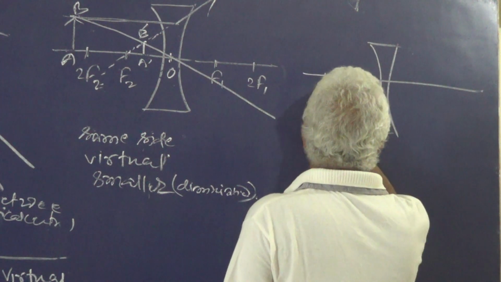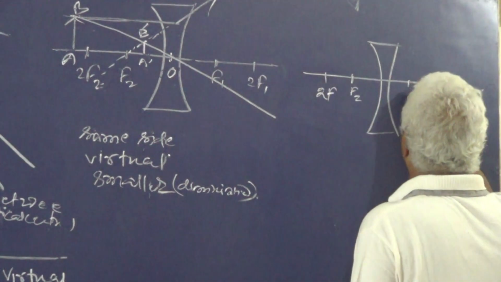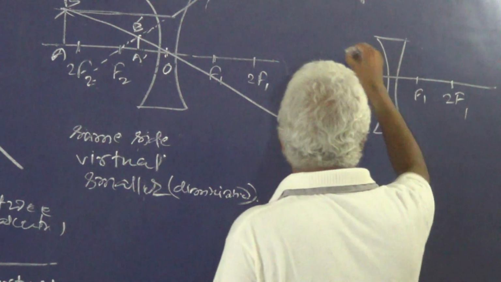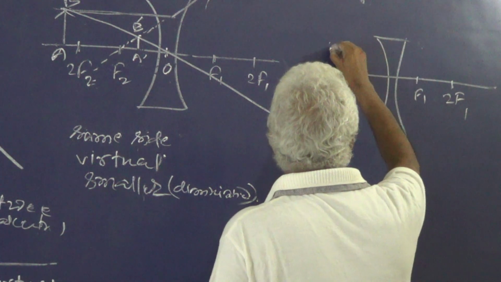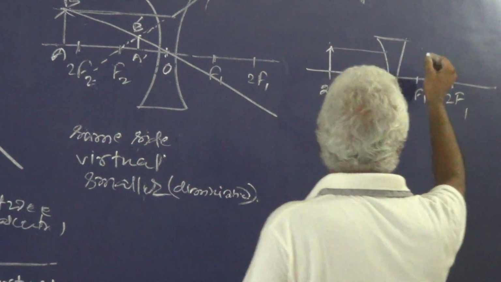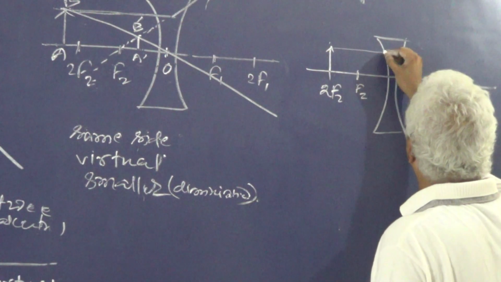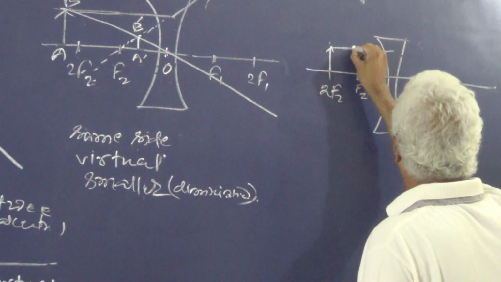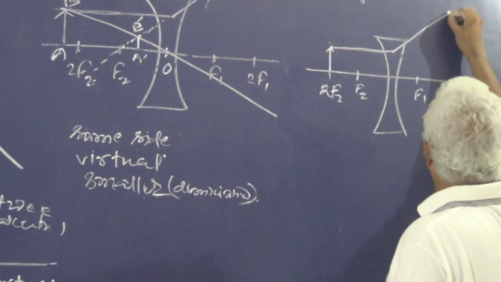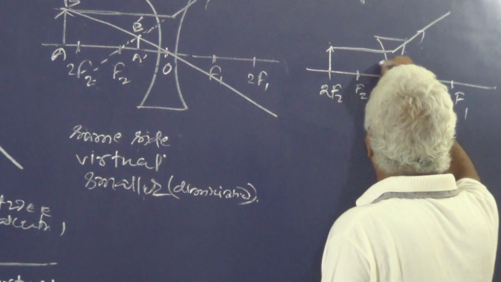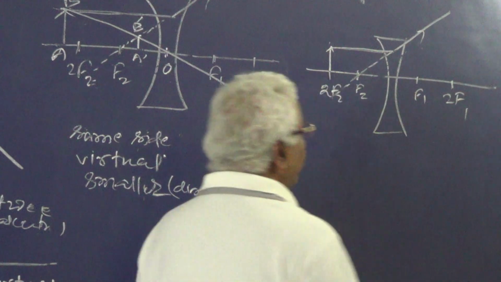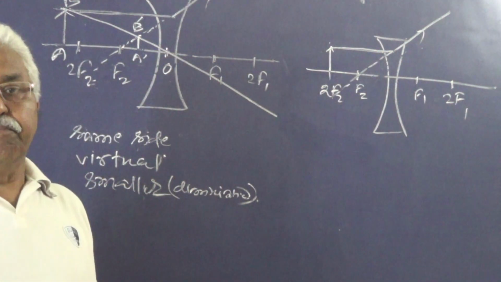F2 to F2, F1 to F1, the object is at F2. When you draw back, it will pass through F2.